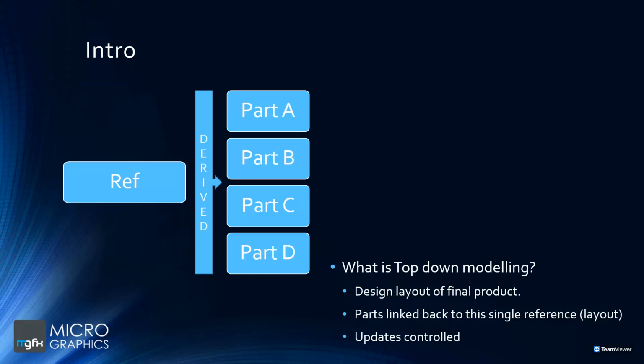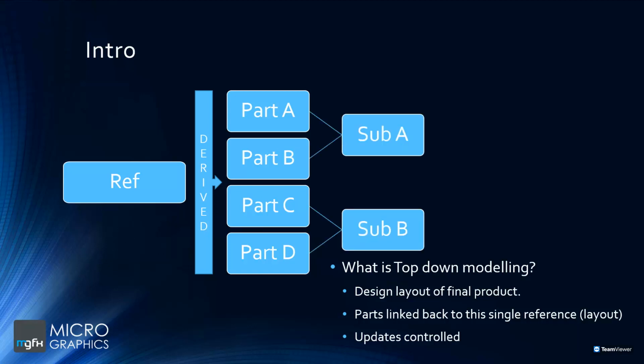It's then used as the part geometry that is required. So that reference holds all the geometry that you are looking for your overall design, but you only derive into each of those parts what you need. So part A, B, C, and D just have the information regarding each of those parts.